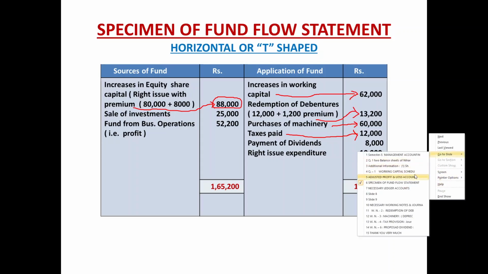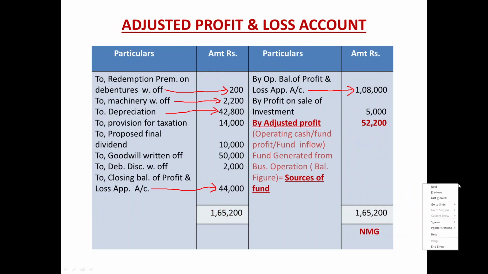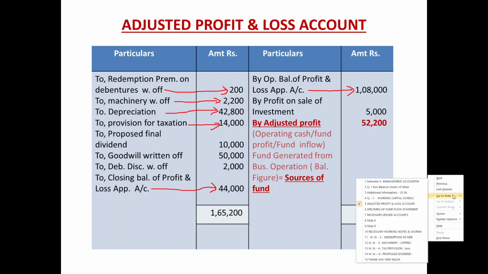While current year's tax provision 14,000 as a non-cash item should be added back in the current year's profit. So left hand side or plus side of adjusted profit and loss account income tax provision 14,000. So as a non-cash item, we added back it in the current year's profit by reporting it on the left hand side or plus side of adjusted profit and loss account.